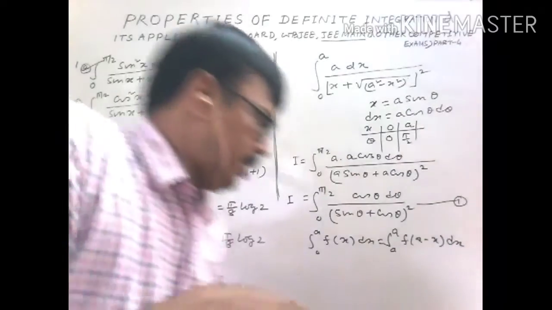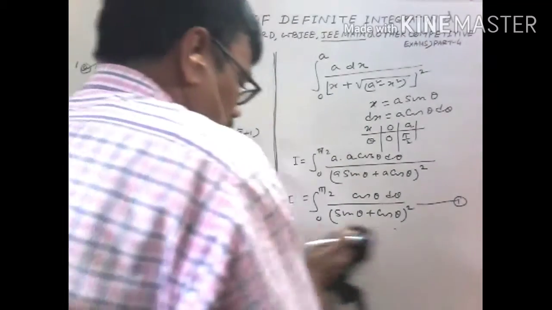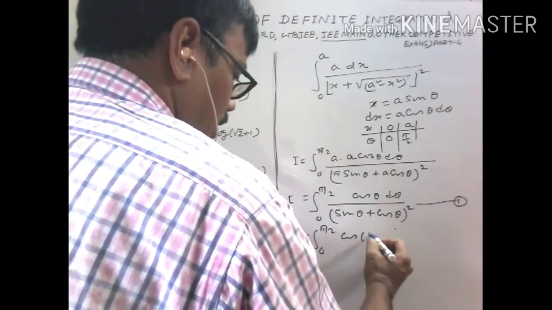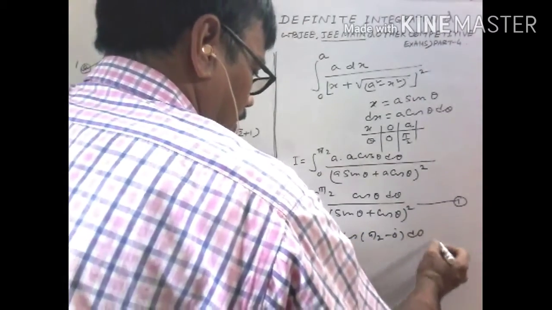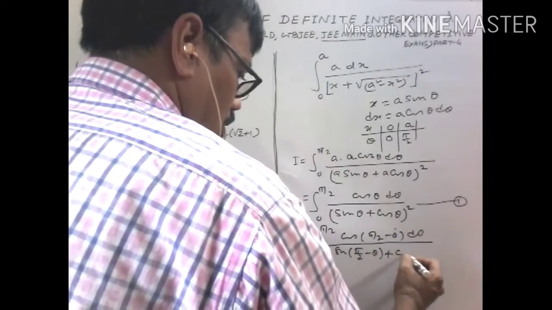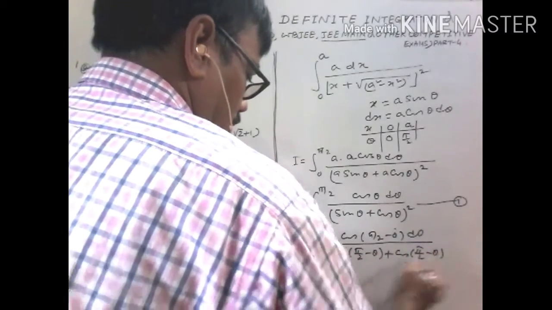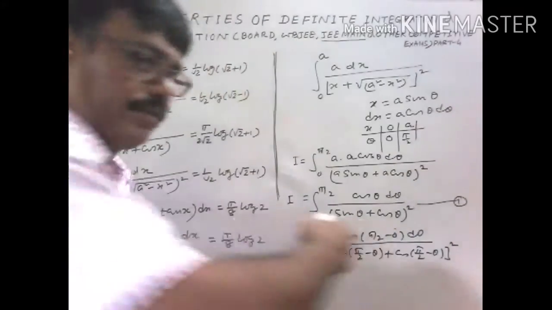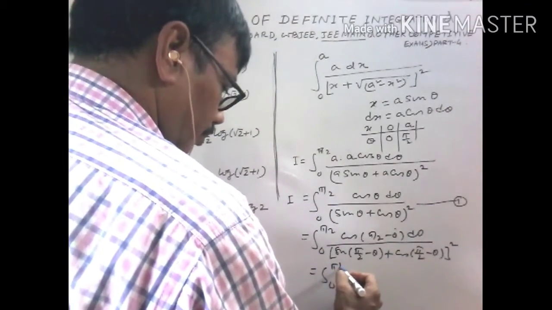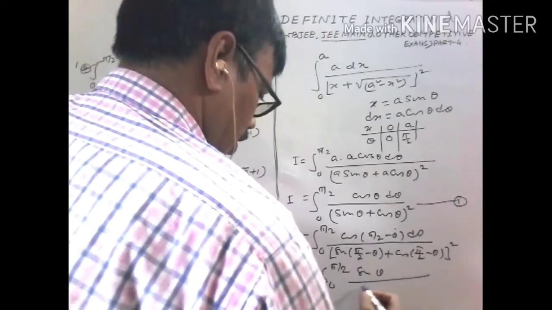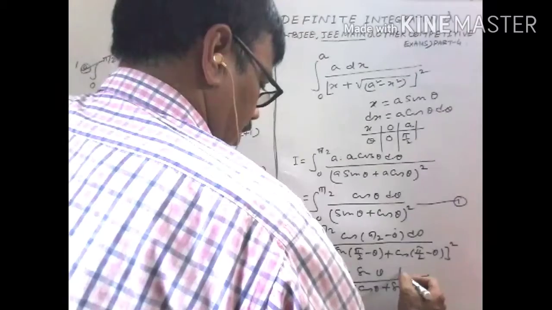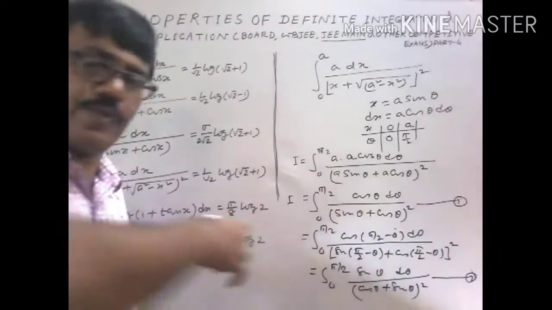If we use this property, theta is replaced by pi by 2 minus theta, and similarly for the denominator, sin pi by 2 minus theta, cos pi by 2 minus theta, total whole square. So after simplification we get sin theta by cos theta plus sin theta whole square d theta. This is 2.